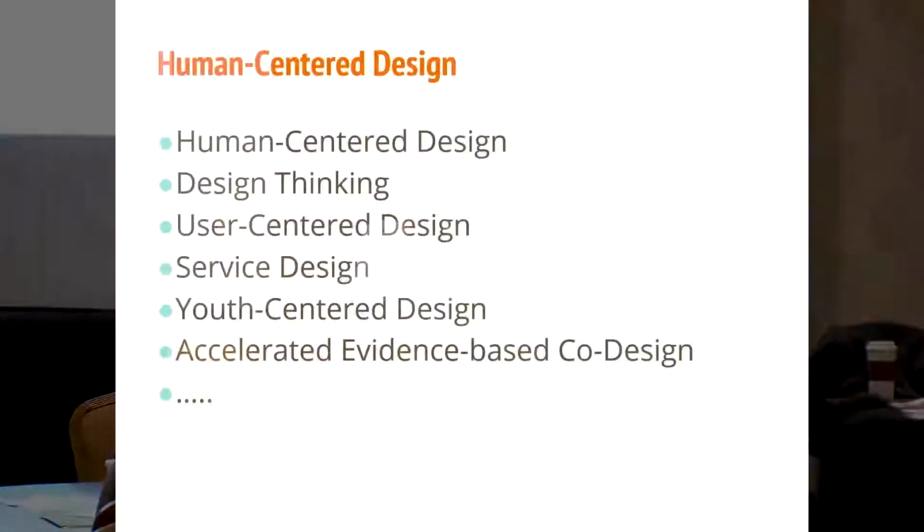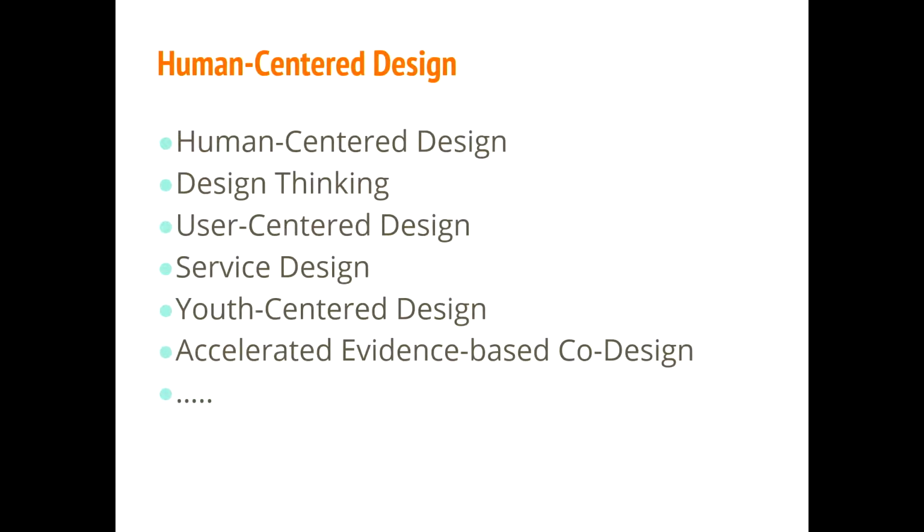So human-centered design can be referred to as a lot of different things. You might have heard design thinking, user-centered design, civic design, service design, youth-centered design, accelerated evidence-based, co-design. The best way to learn about human-centered design is to do it, so that's where we're going to go.